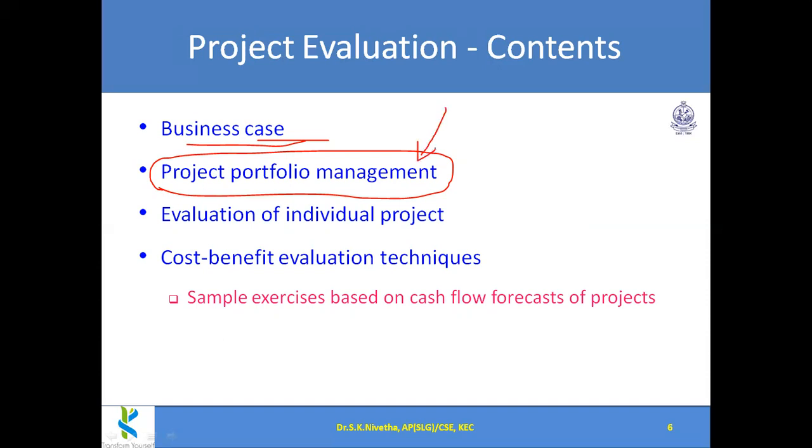Managing here means he has to have a balance of highly profitable projects, moderately profitable ones, and low profitable ones, because highly profitable projects require high investment, and high risk will also be there. If all the projects are highly profitable, then all will be highly risky if profit does not come as expected.